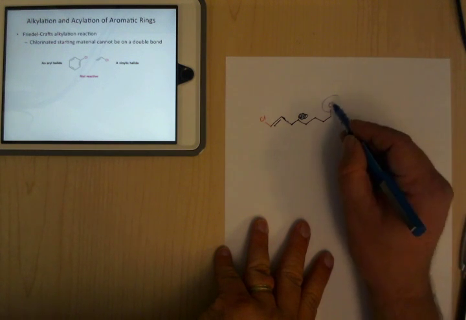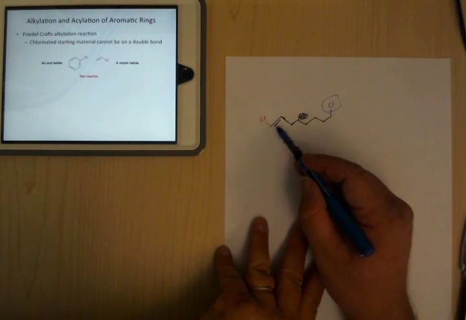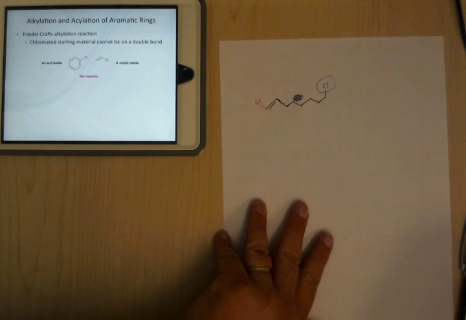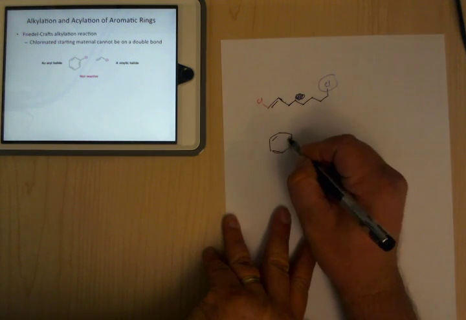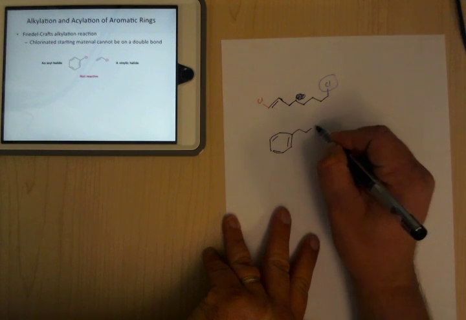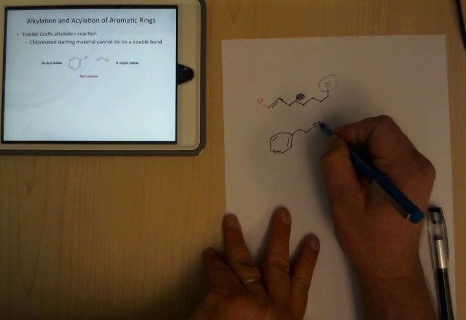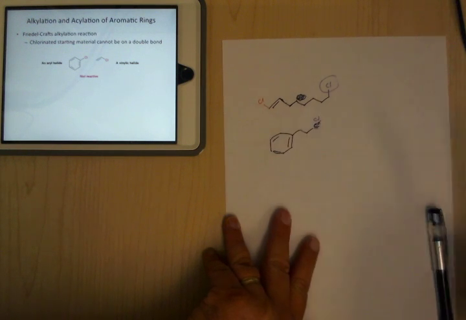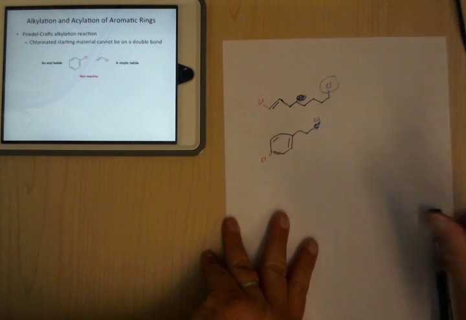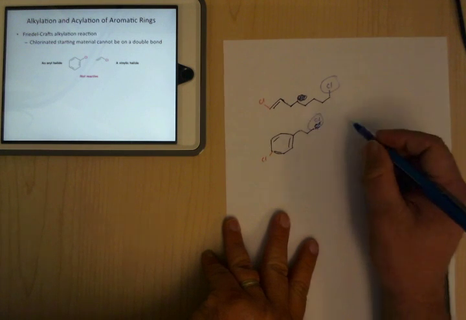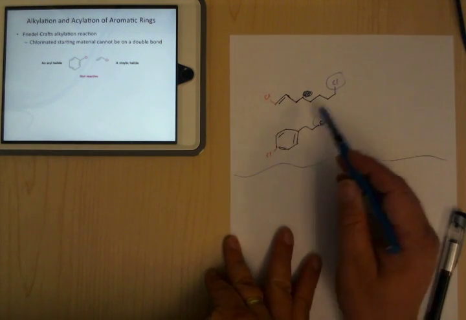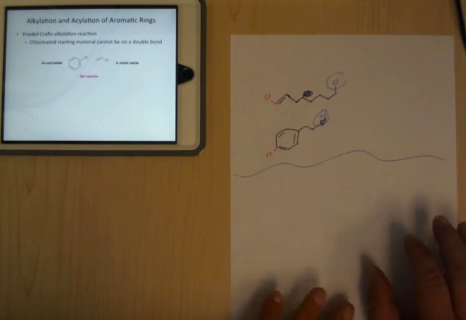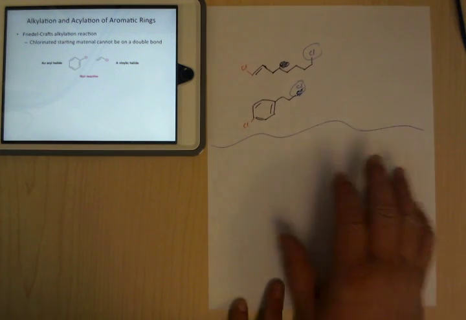You could get selectivity for this chlorine over that chlorine, because this chlorine is on a double bond. Same thing goes with this one. So here we go, keep the colors the same. Cl versus Cl, you would get reactivity there and not on that red one. It's nice to be able to take advantage of that sometimes.